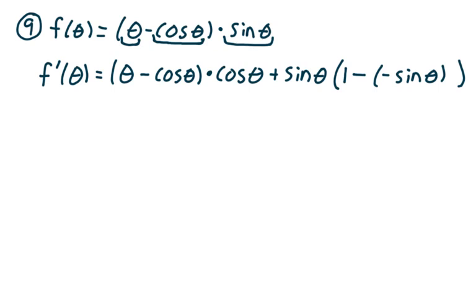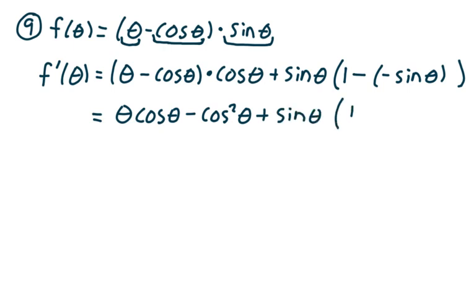Okay. Now we have to do a little bit of simplifying here. If I distribute the cosine theta in, I get theta cosine theta minus cosine squared theta, plus sine theta times, when you subtract a negative, you add, so you get times 1 plus sine theta.